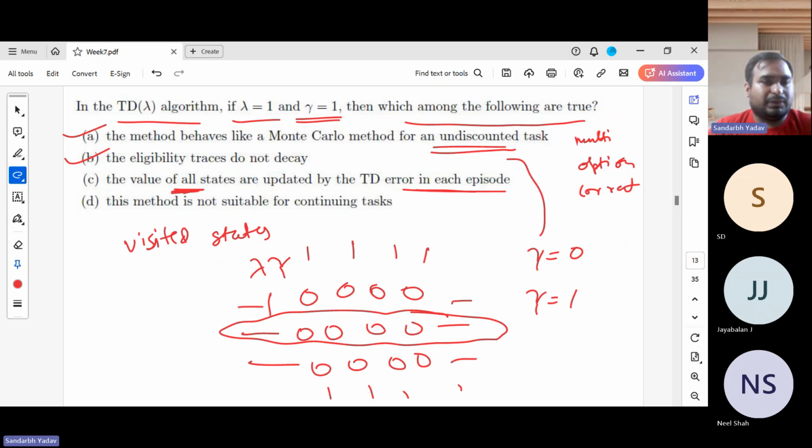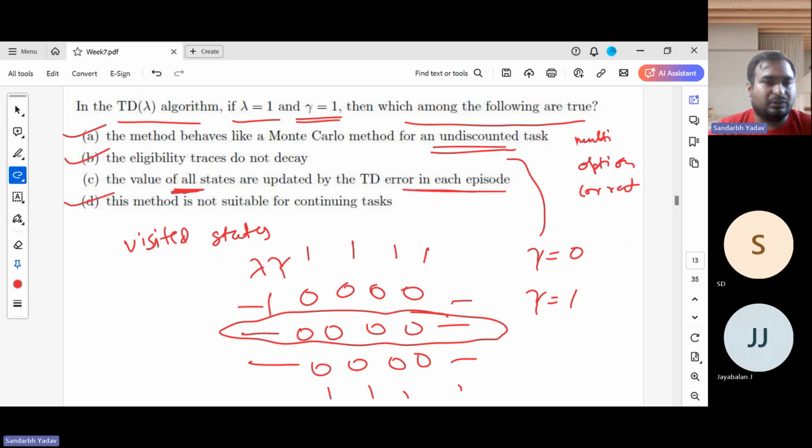The fourth option is that this method is not suitable for continuing tasks. This is also true, because for episodic tasks we can have the discount factor as 1, but for continuing tasks we cannot. The reason is that continuing tasks have no end, so they keep going till infinity. Suppose we get reward R1 at step 1, and gamma is 1, so there is no decaying of reward.